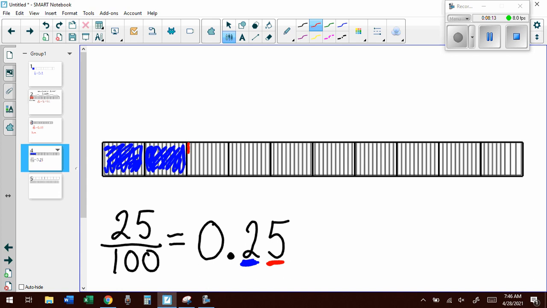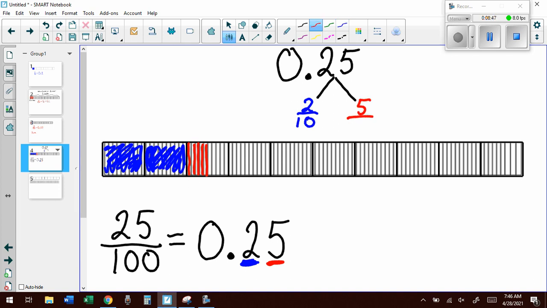And we shade 1, 2, 3, 4, 5. So as a decimal, 0 ones, decimal point, 2 tenths, 5/100ths, we have done. If we were to write this as a number bond, we have shown 2 tenths and 5/100ths.